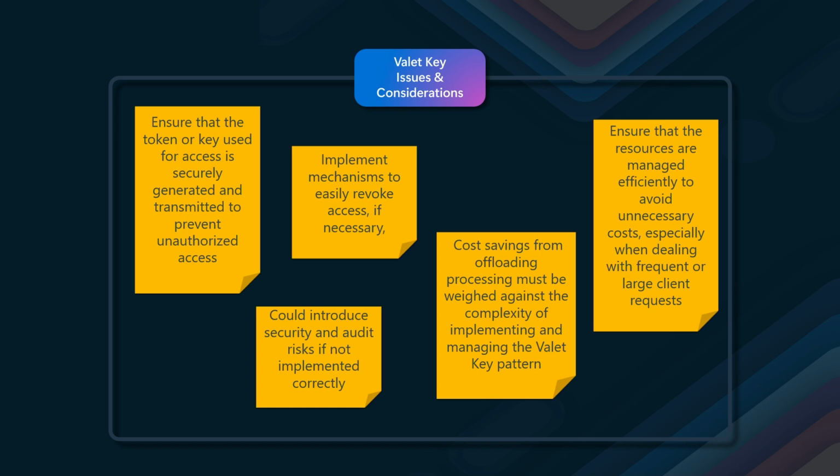Lastly, ensure that the resources are managed efficiently to avoid unnecessary costs, especially when dealing with frequent or large client requests. Efficient resource management helps in maintaining performance and reducing operational costs, making the system more scalable and sustainable.